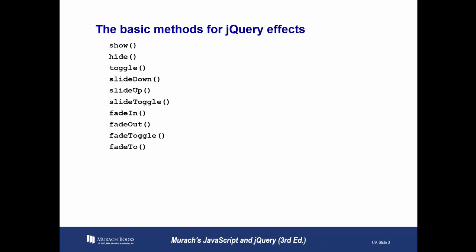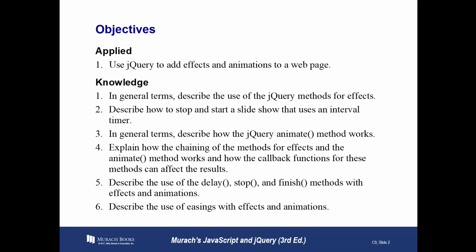As you can see here, we have one applied objective and 6 knowledge objectives. Our applied objective: use jQuery to add effects and animations to a web page.